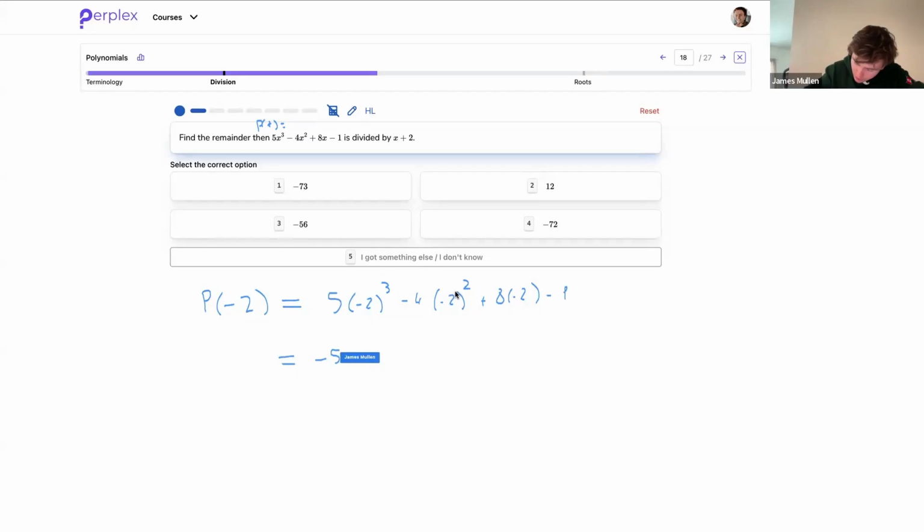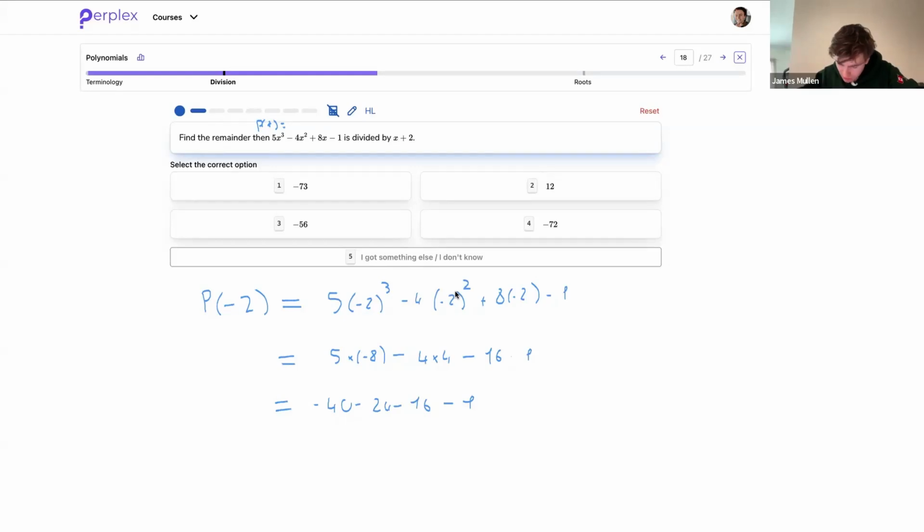It's minus 5. Not minus 5. It's 5 times minus 8. Okay. And then minus 4 times 4 minus 16 minus 1. So that's negative 40 minus 24 minus 16 minus 1. And is there a mistake here somewhere?